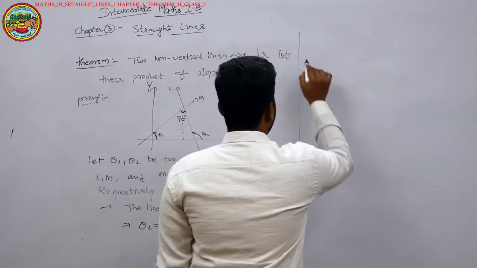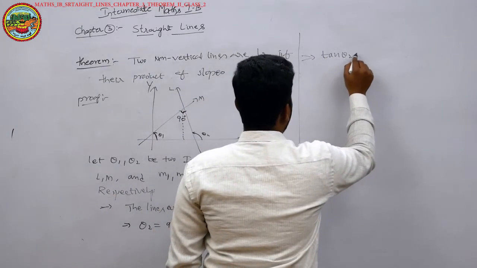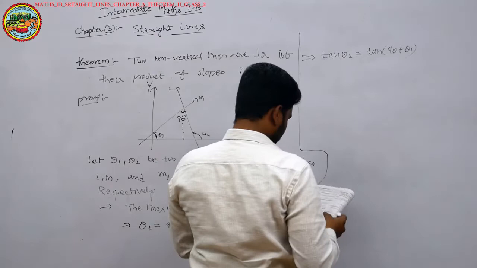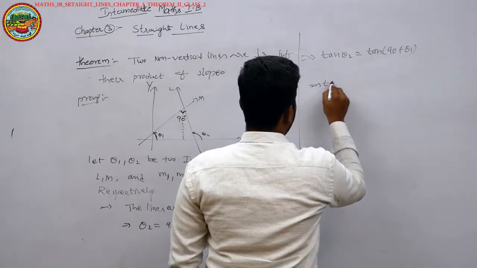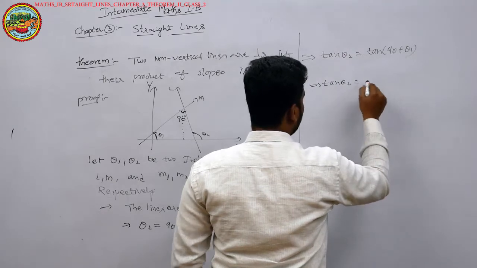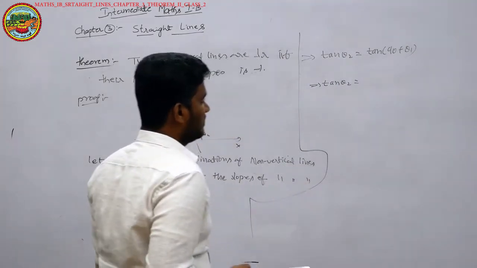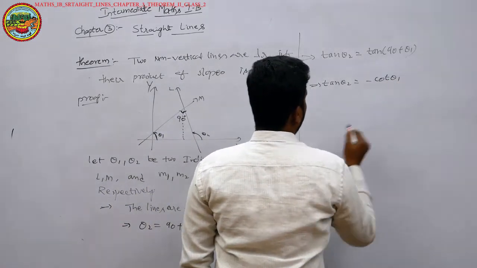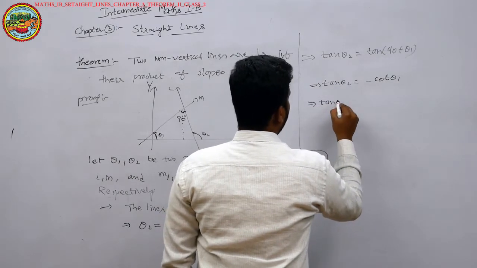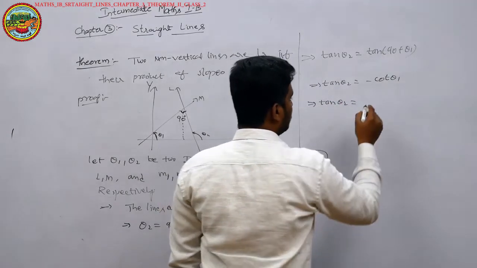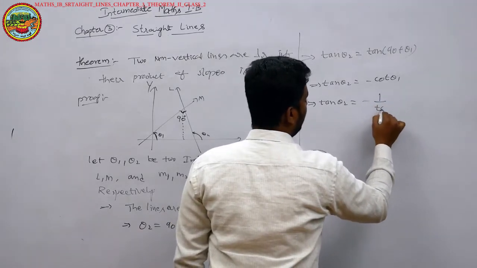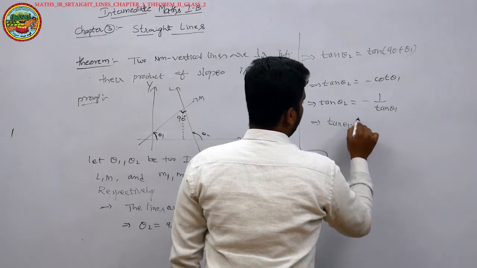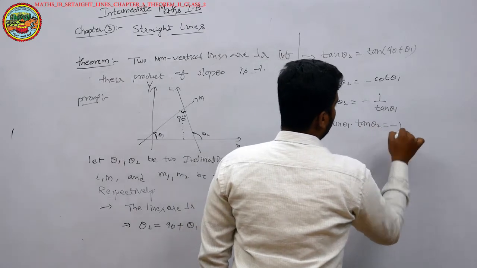So applying tan, tan theta 2 is equal to tan of 90 plus theta 1, which means tan theta 2 is equal to minus cot theta 1, which is equal to minus 1 by tan theta 1, which implies tan theta 1 into tan theta 2 is equal to minus 1.